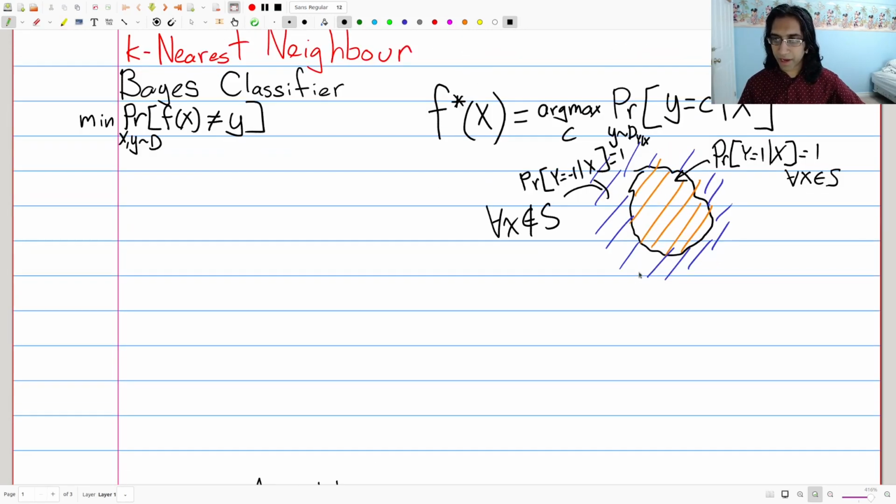Now, this is kind of ridiculous because in many cases, it might be unreasonable for things to be exactly like this. We're not going to have some hard threshold where anything within this is a 1 and anything outside is a -1. So while in this case the Bayes optimal classifier can get exactly 0 error, there are more reasonable cases where other things might hold.